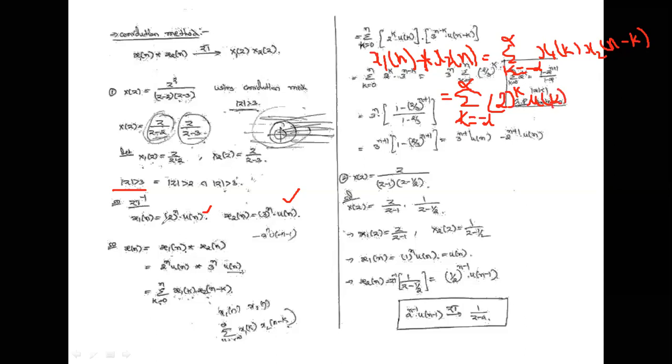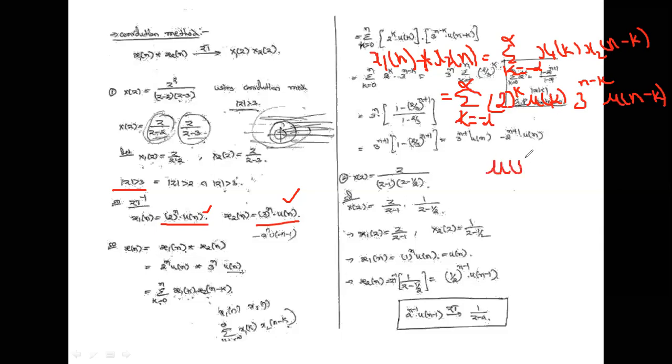In this 2 power n mu of n, now I am changing the variable to k, and X2 of n is 3 power n mu of n. So I write it as 3 power n minus k, because instead of k there is n minus k, mu of n minus k. What does it matter?